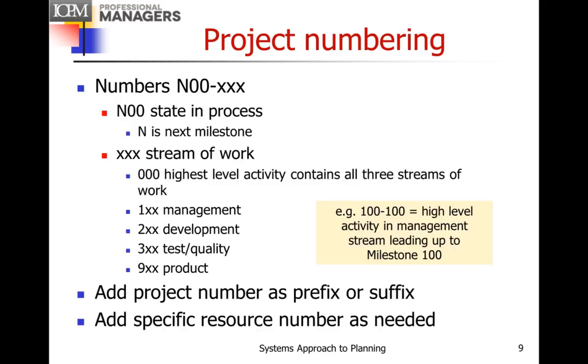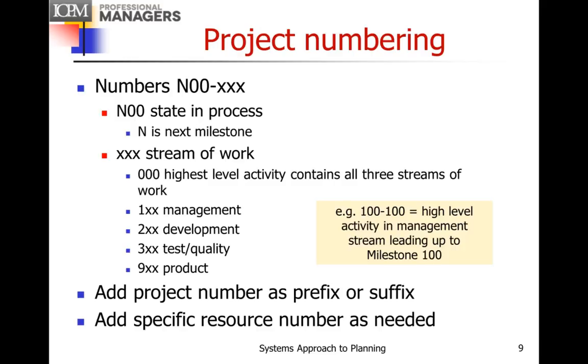You then add the project number for your organization as a prefix or a suffix, and you then add the specific resource number as needed. And this allows you to collect information, and you can identify the cost of all the management work, all the development work. For example, if in your organization 220 is software development and 230 is hardware development, you can then work out what the cost of the software, what the cost of the hardware, and so on are.